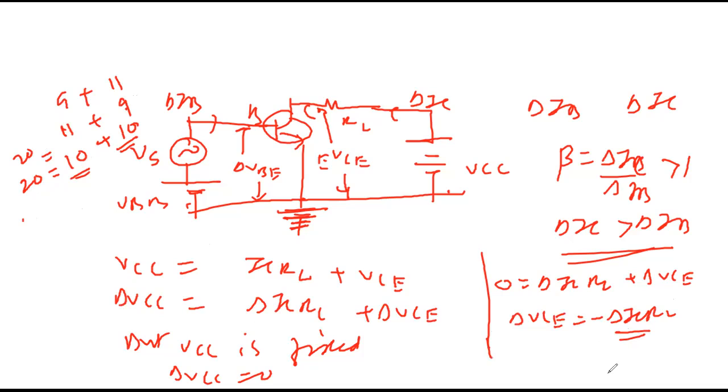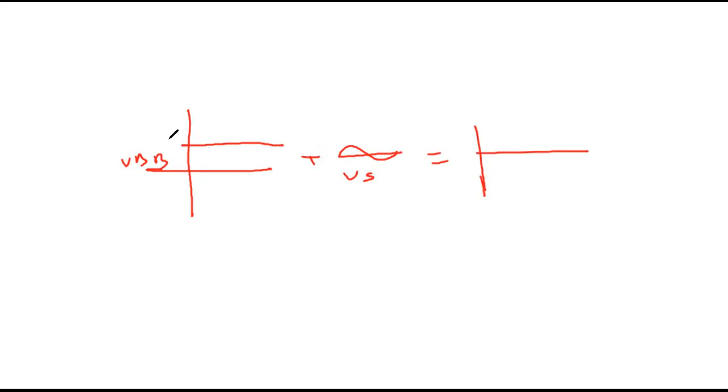What does that mean? Once again, the meaning of 180 degree phase shift. If this is VBB, we connect it with VS, which is alternating in nature. Suppose this is 5 and this varies between 1 and minus 1, so we get 5, 6, 4, 5, 6, 4; this is our delta VB.